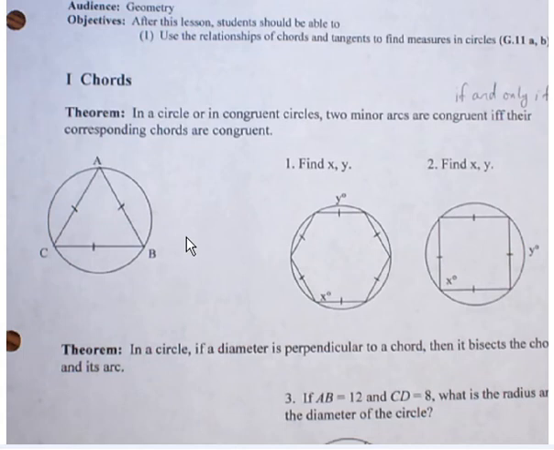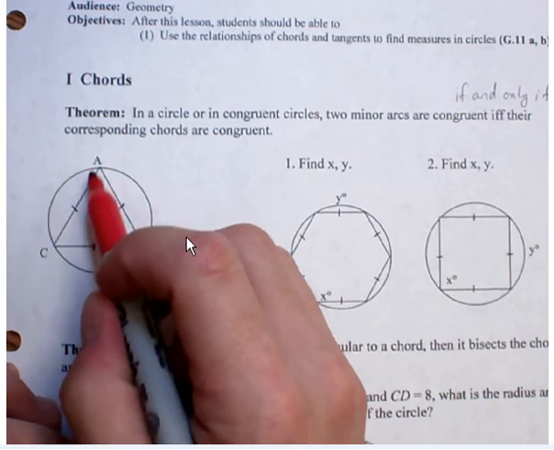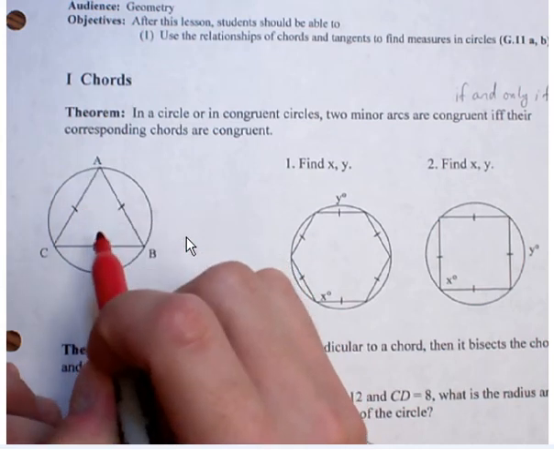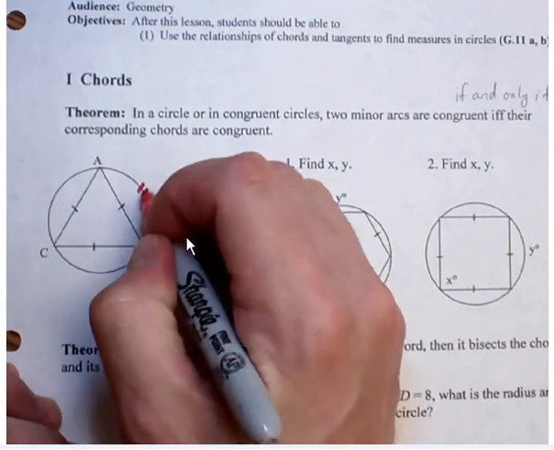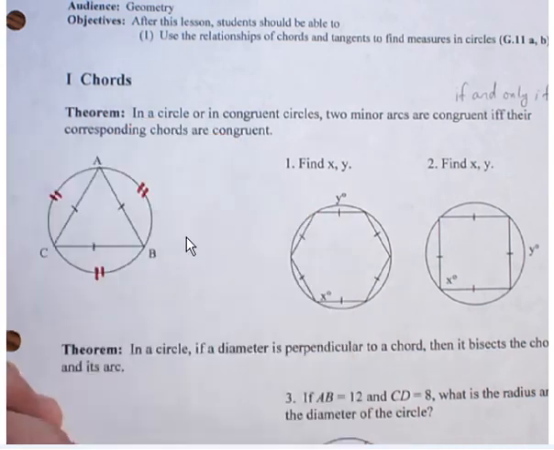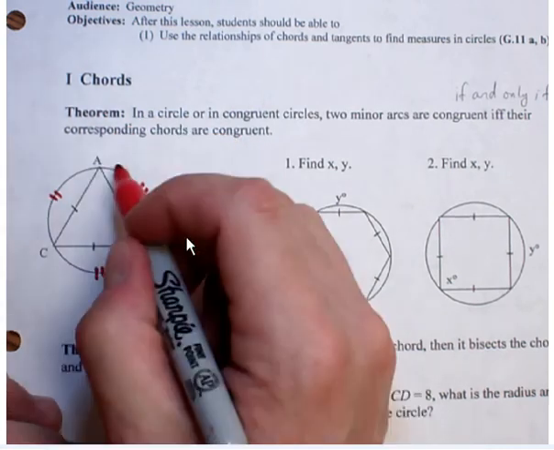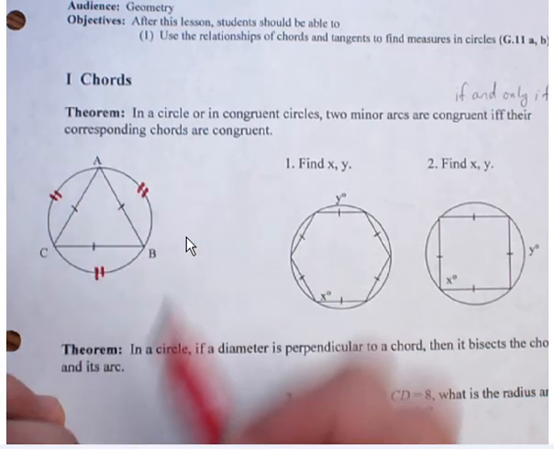What this theorem is saying is that these are all chords because both endpoints are on the circle. If the chords are congruent, then the arcs that get created by the chords also have to be congruent.